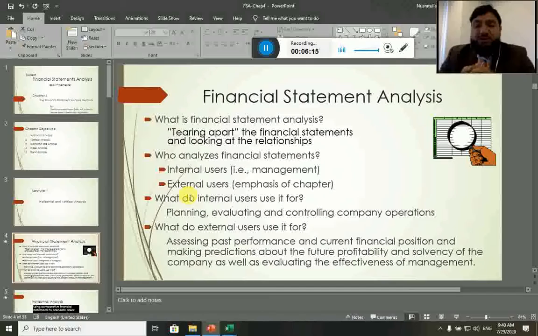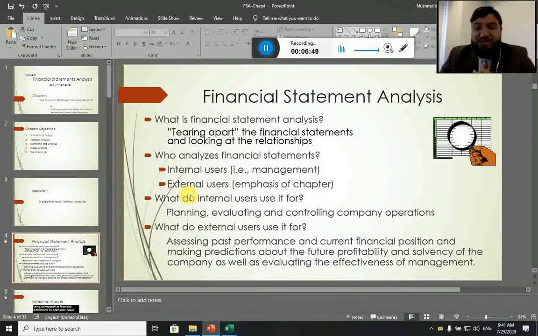Internal users use financial statements analysis methods and financial statements information for proper planning, for evaluating the results, for controlling the company operations effectively and efficiently. What do external users use it for? External users use it for various purposes. Each user has its own purpose and its own usage of the information of the financial statements.